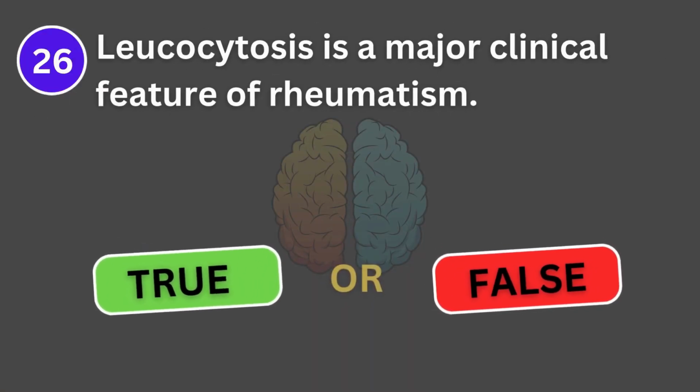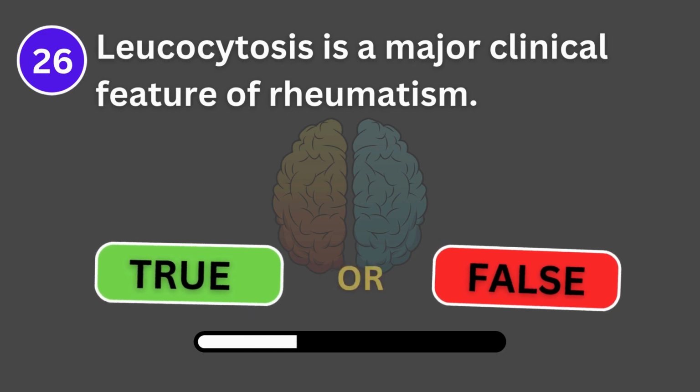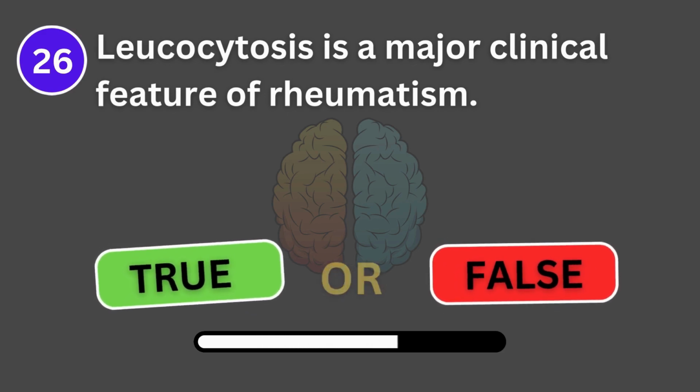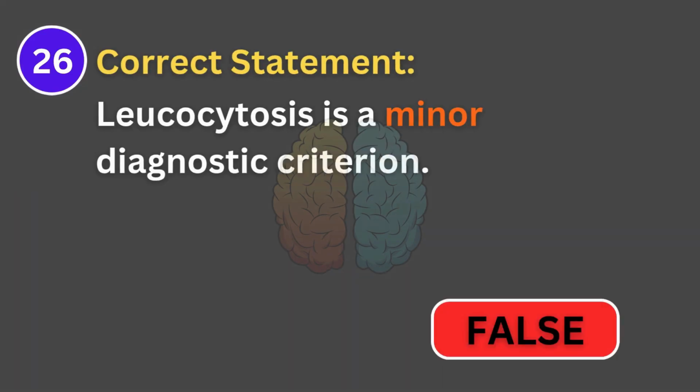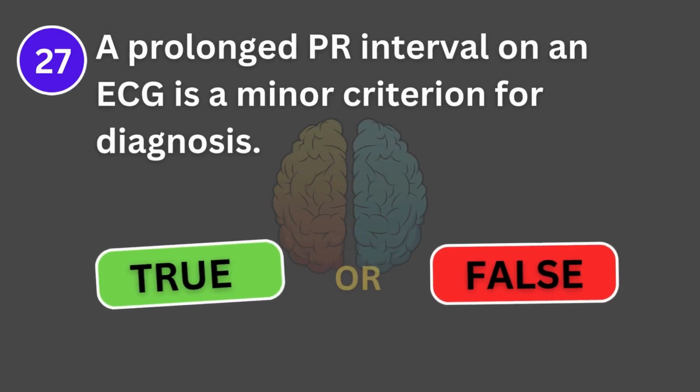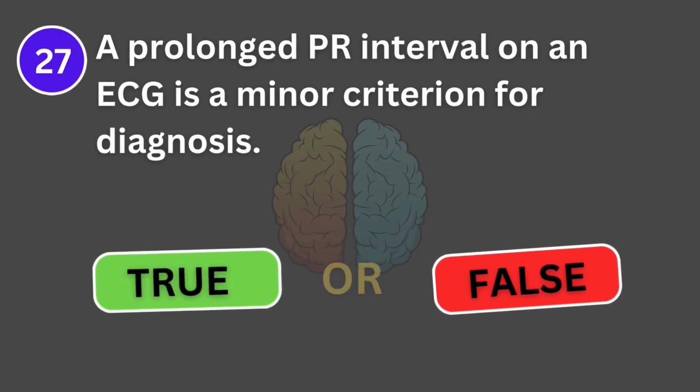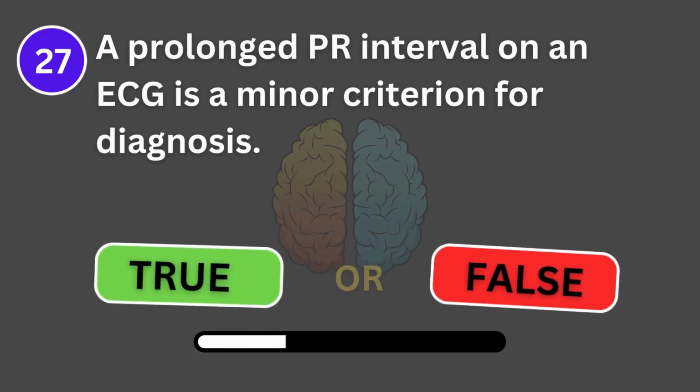Leukocytosis is a major clinical feature of rheumatism. A prolonged PR interval on an ECG is a minor criterion for diagnosis.